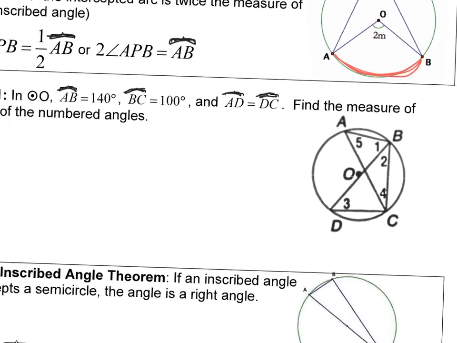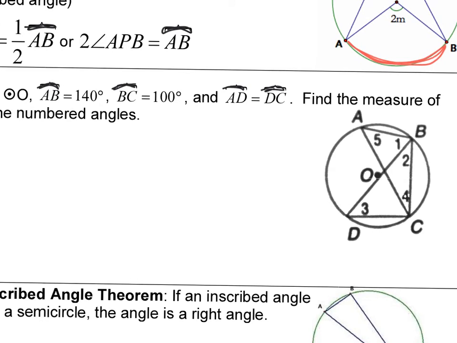So let's just start plugging some stuff in. AB is 140, so that's this guy. And BC is 100, and then it says these two are the same. Well, since that accounts for all of the arcs all the way around the circle, we could figure out what these two are using some simple algebra.